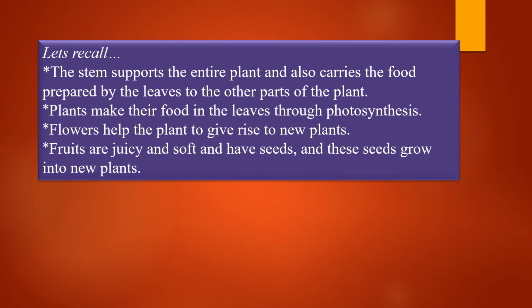Now let's recall. Let's remember the points we have learned today. The stem supports the entire plant and also carries the food prepared by the leaves to the other parts of the plant. So the stem supports the plant and also carries water and other things to the plant.